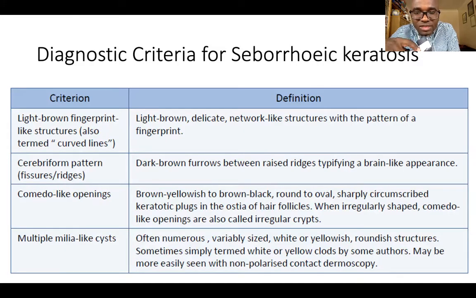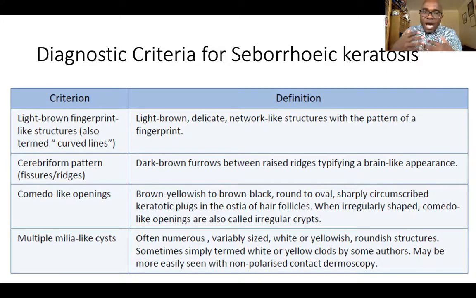They are more exaggerated when you switch off the polarization on your dermatoscope, but it has to be contact. So you can appreciate milia-like cysts, comedone-like openings, and the cerebriform pattern of fissures more, and these are all part of the diagnostic criteria of a seborrheic keratosis.